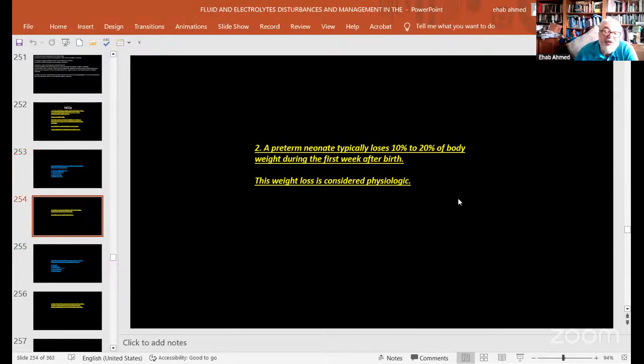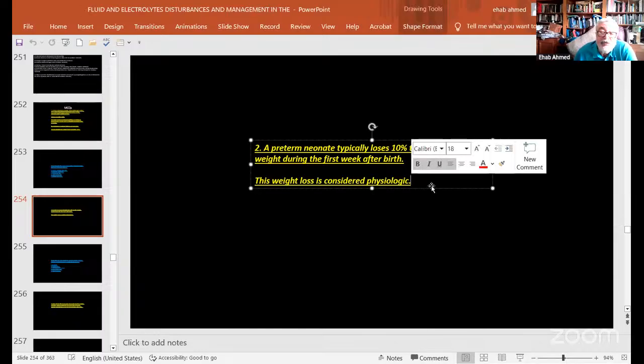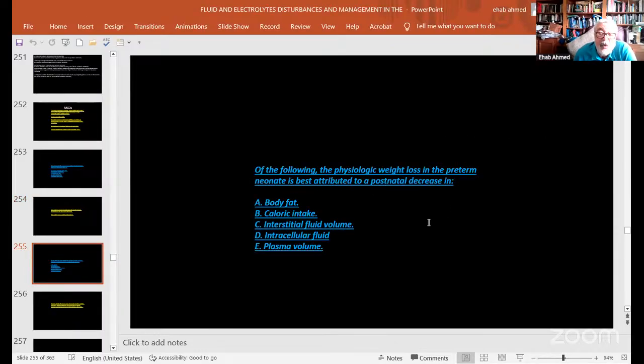Number two, a preterm neonate loses 10% to 20% of body weight during the first week after birth. This weight loss is considered physiologic. Of the following, the physiologic weight loss in the preterm is best attributed to postnatal decrease in what compartment, causing weight loss?